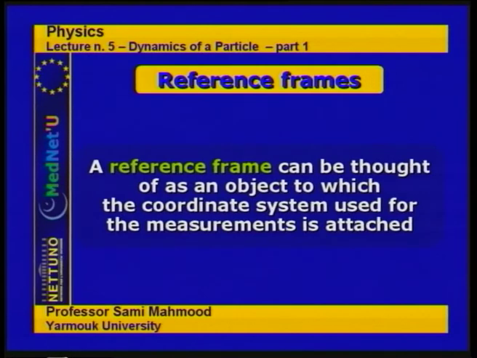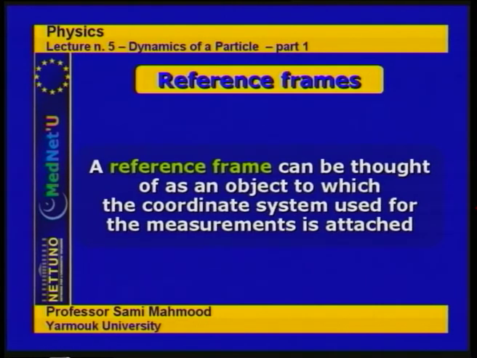And this law does not apply in all frames of reference. But before discussing this, we have to define what we mean by a frame of reference. A frame of reference can be thought of as an object to which we attach our coordinate system.